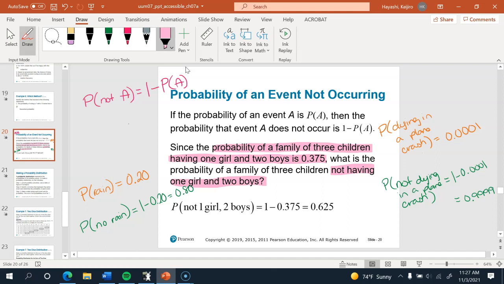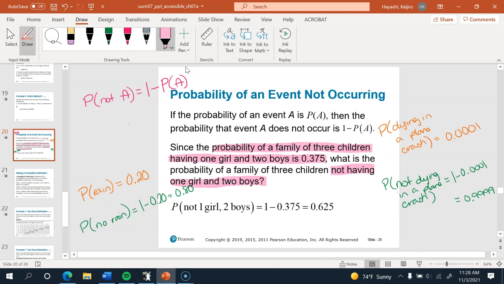The probability of having 1 girl and 2 boys is 0.375. That's simply going to be 1 minus 0.375, which gives you 0.625. That's the probability of having literally any other arrangement than 1 girl and 2 boys. And so that happens most of the time.